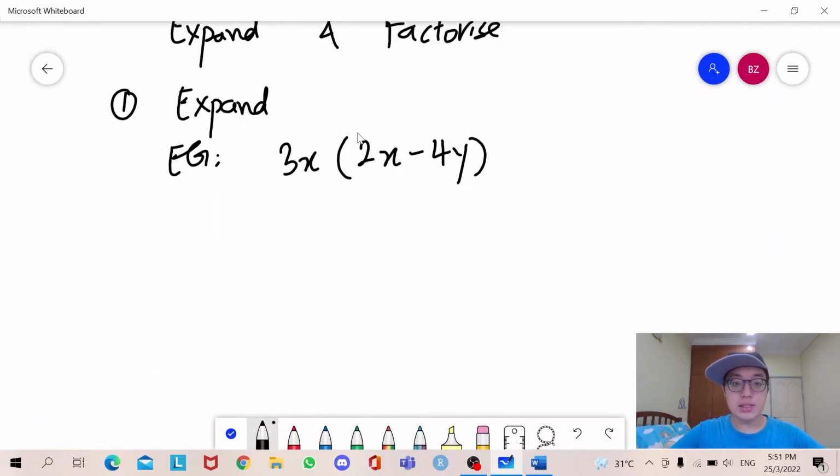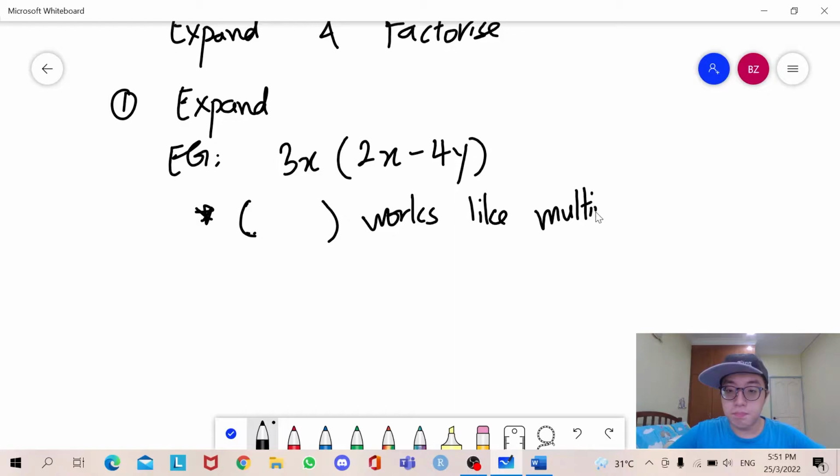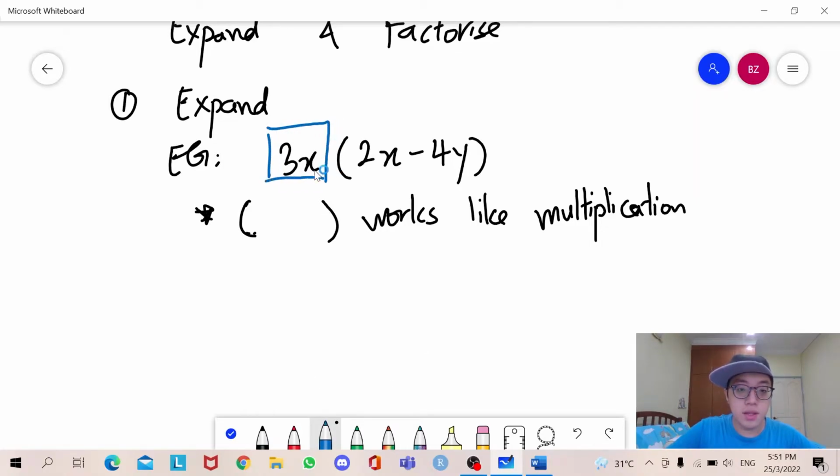the bracket, as I said, works like a multiplication. So you are going to multiply the term outside here into both of the terms inside.